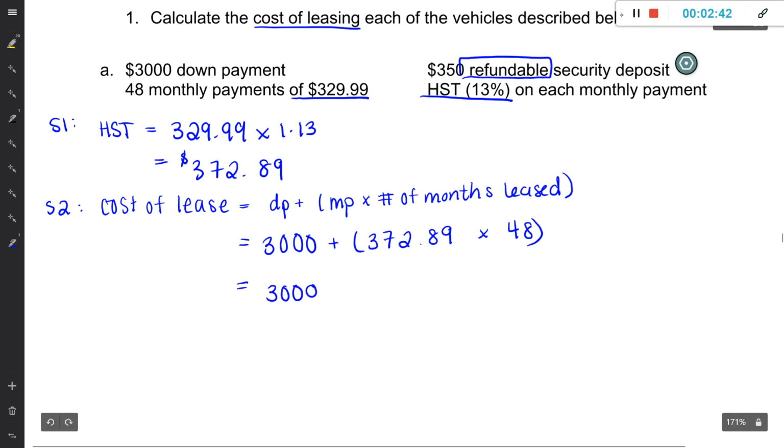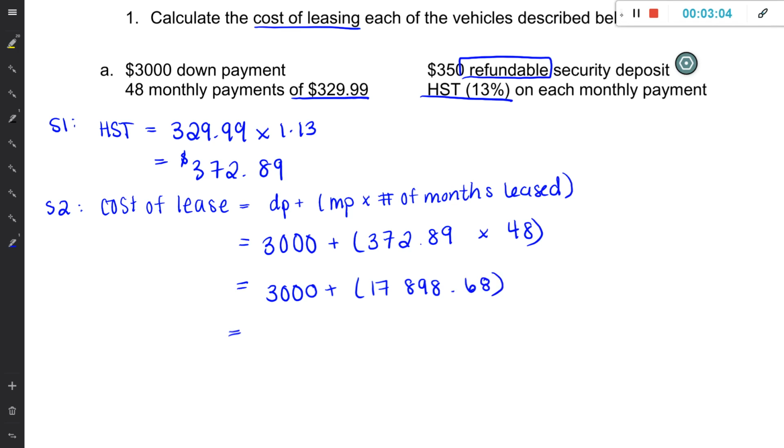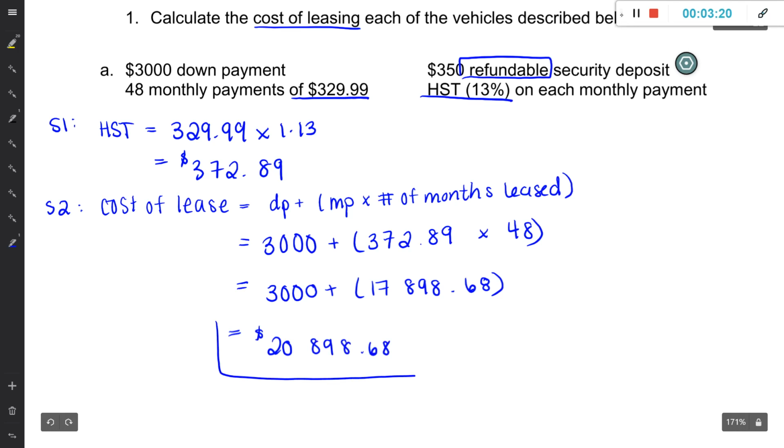You always do brackets first. 3,000 plus 372.89 times 48, and that's going to give me $17,898.68. Okay? And then I'm just going to add 3,000, and I'm going to get $20,898.68. Always add the sign.